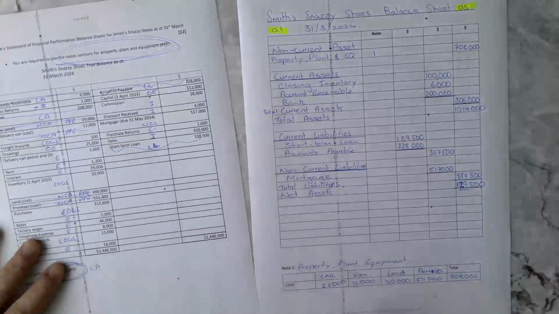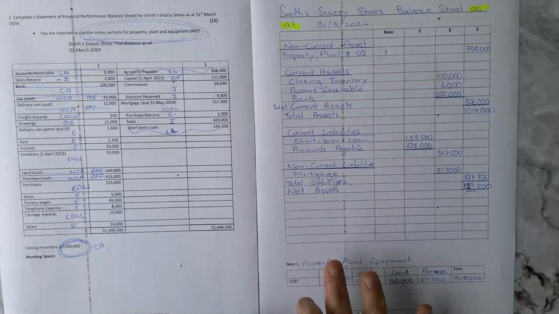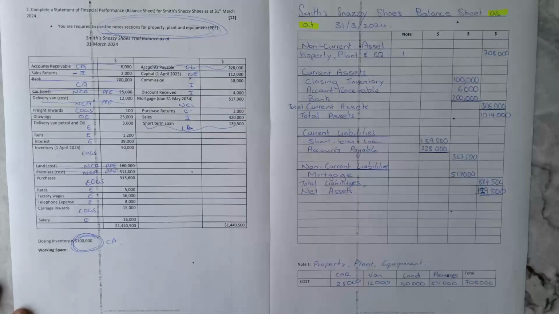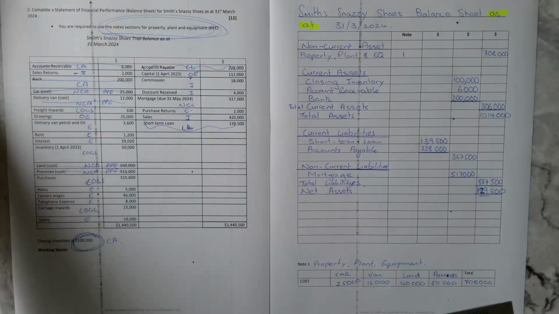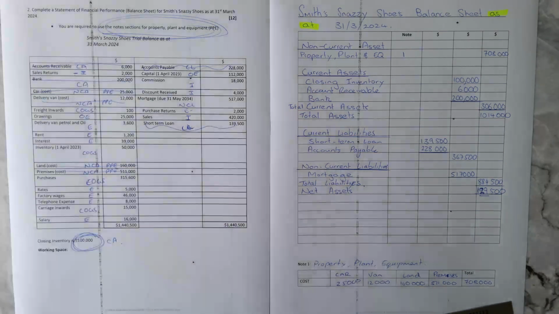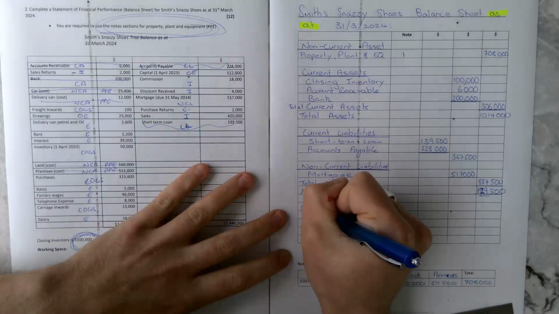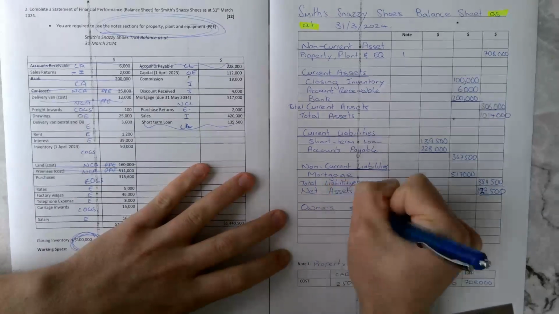Okay, so this is where it gets a bit tricky, and a lot of people struggled in the actual exam, and I'm going to teach you two ways now to be able to do it. The first way I like to call cheat code, and if you're running out of time, this is the easiest way to do it, but if you've got time, I would recommend the full correct way to do it.